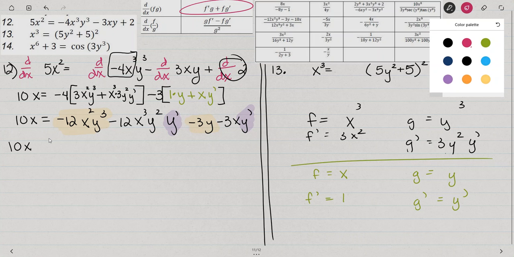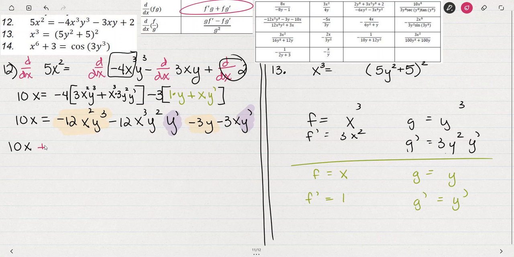And from the other side, we're going to bring over a positive 12x squared y cubed and a positive 3y, because when they move over to the other side, they become the opposites, right?